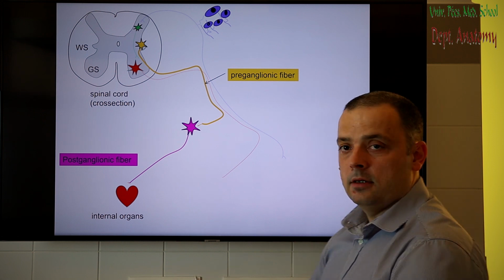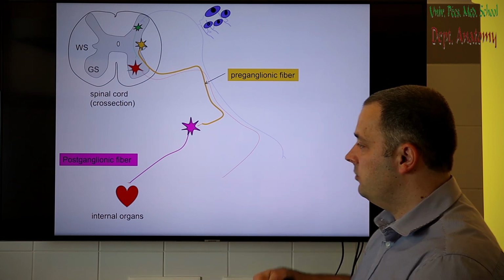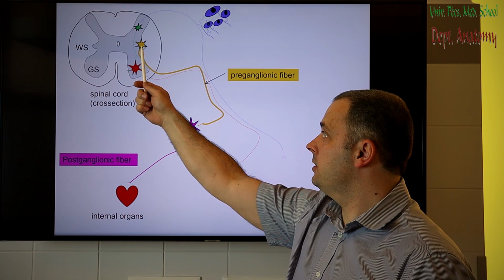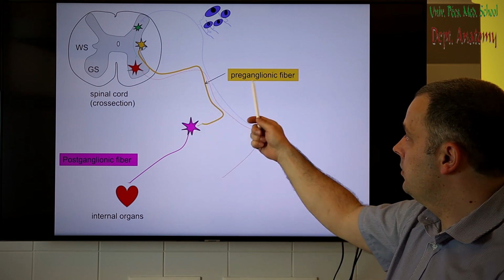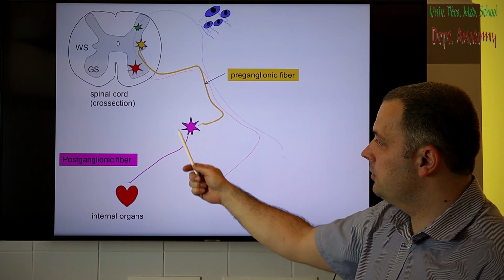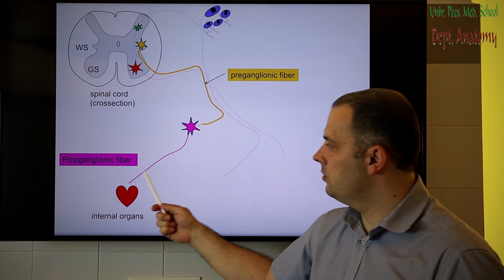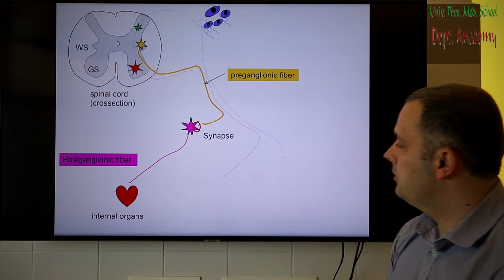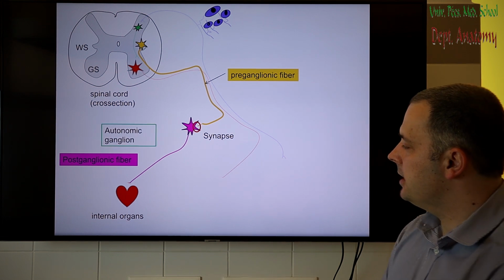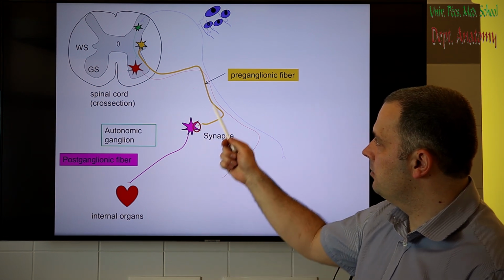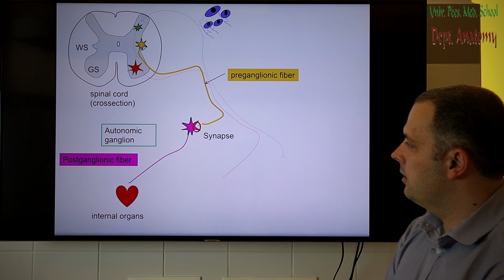For instance, if in a stressful situation you have to increase your heart rate, this neuron in the spinal cord fires. Through the preganglionic fiber, the signal goes to the periphery, and through this synapse, it will activate a neuron that goes already to the heart, and the synapse is the place where the signal continues from the preganglionic fiber to the postganglionic neuron.